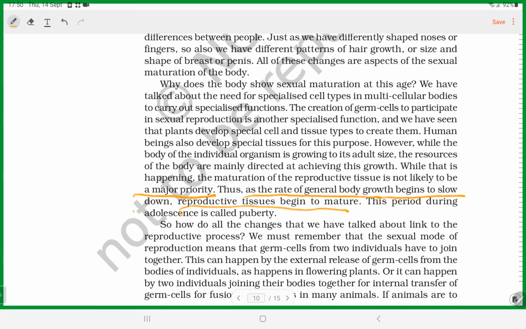So all these processes finish with what? With all the processes from the juvenile phase, we reach a phase called what? Reproductive phase.